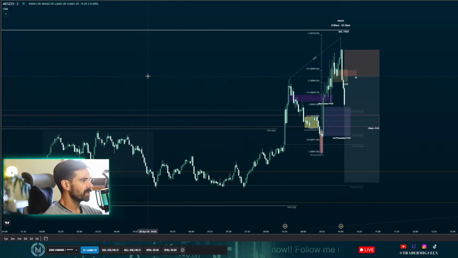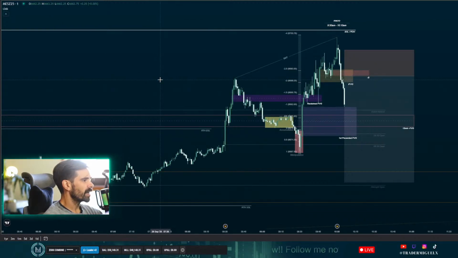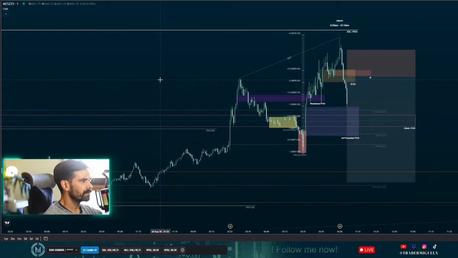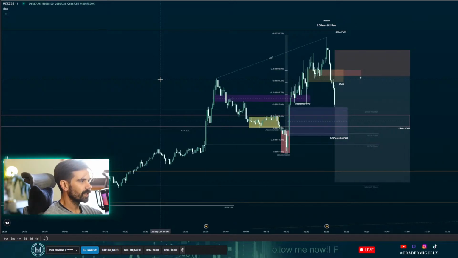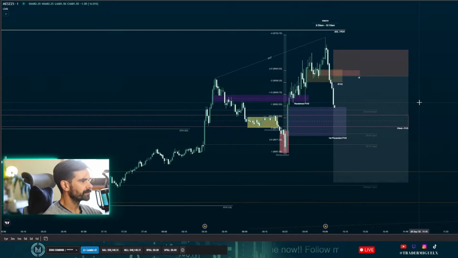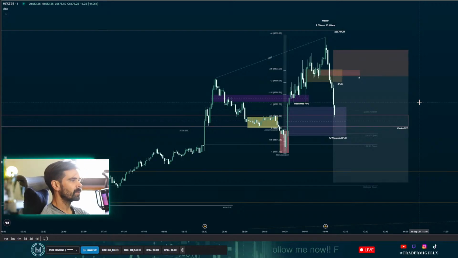Well, if price really comes that heavy to the downside, I mean, it will be hard to interact with it. Yeah, one-sided move here. I will not try to catch it or chase it.